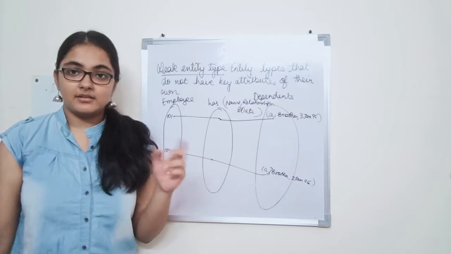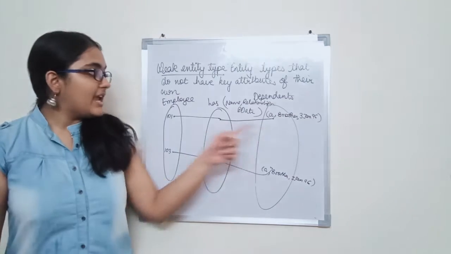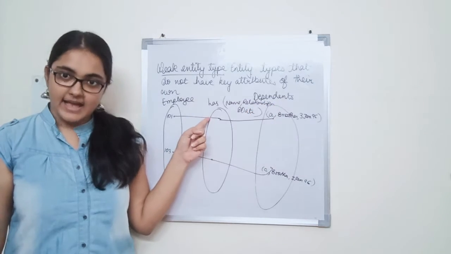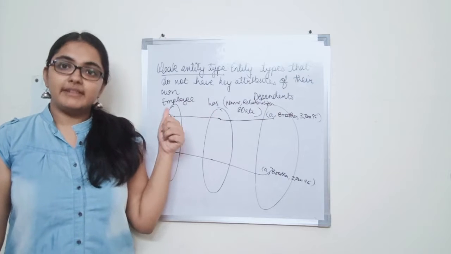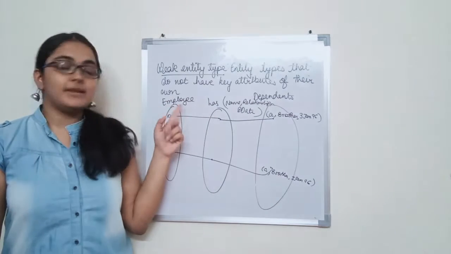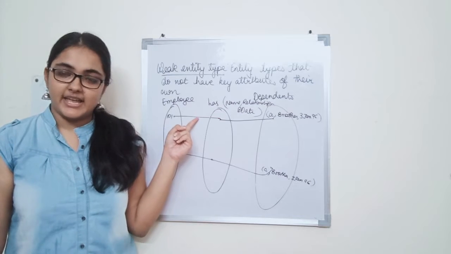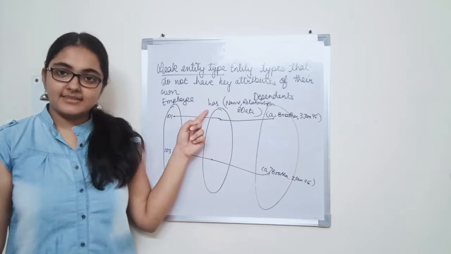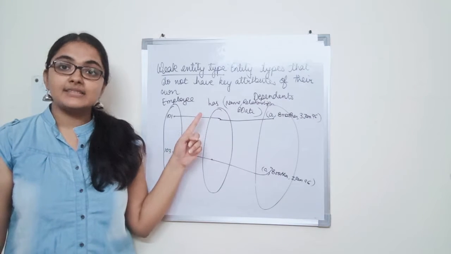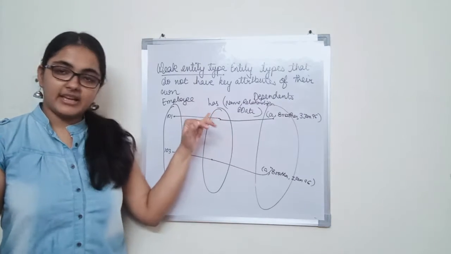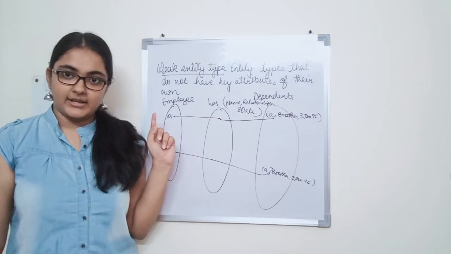So we have related the dependent entity type via the relationship has to the employee entity type. Now this employee entity type is called the owner entity or identifying entity, and this has relationship type is called the identifying relationship. Alright, so that is the identifying relationship and this is the owner entity.